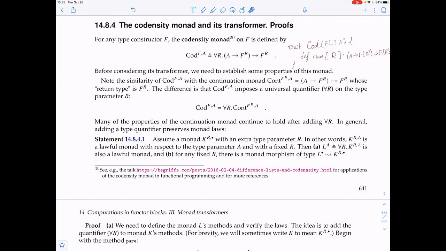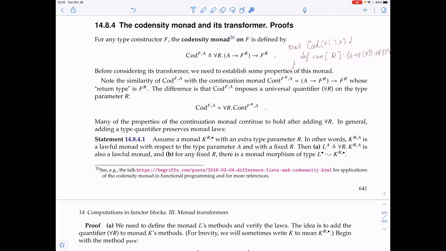Codensity monad is an advanced tool that is only used very infrequently, but it's a very interesting monad because it's like a continuation monad, except it has this arbitrary type here, which is being quantified. And it's a monad for any F, where F is a functor.